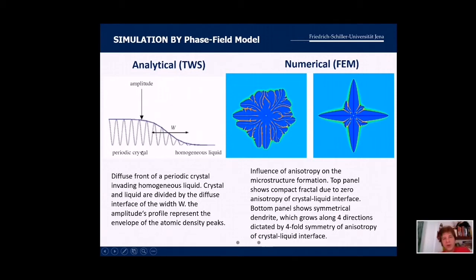This analytical equation could be considered as a benchmark solution.